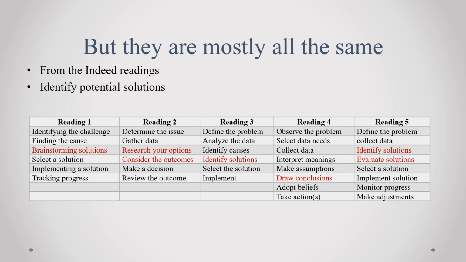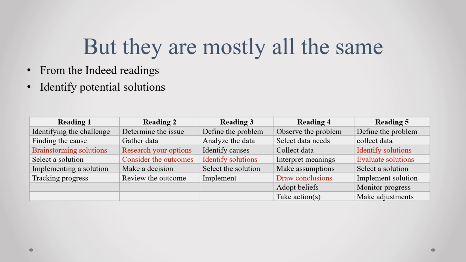The next step is identifying potential solutions. So once I have identified the problem and I have gone through this process of gathering data and having a better understanding of what the problem is, what are the symptoms, what does it appear to be, what appears to be the causes, and then I can sit down and think about potential solutions.